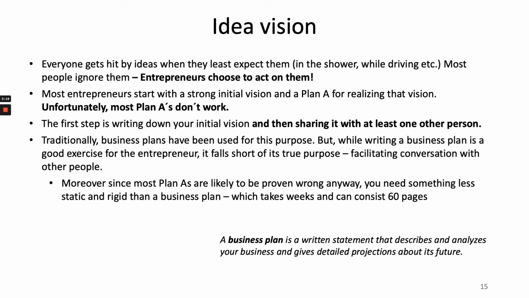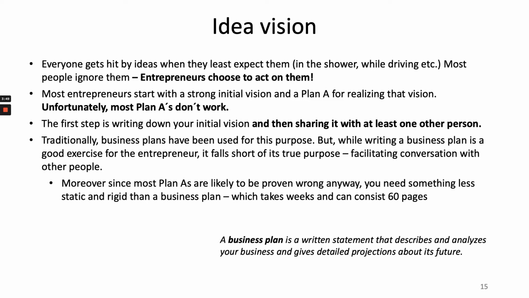The thing is, and this is the text from a book, Running Lean, the thing is that unfortunately most plan A's don't work. It means that your first idea doesn't work. It's because it's just the first idea.